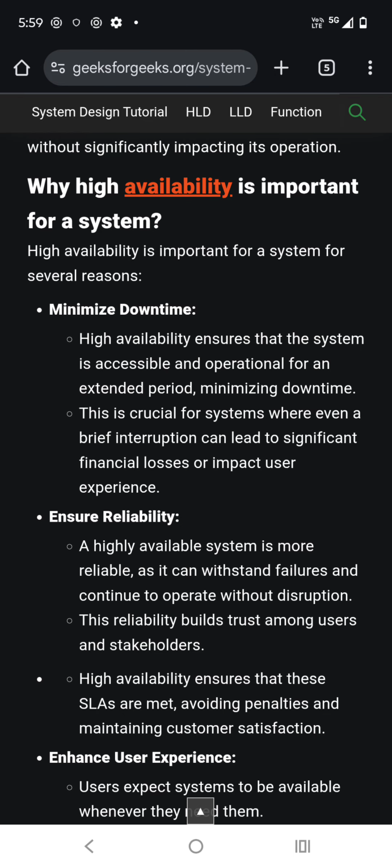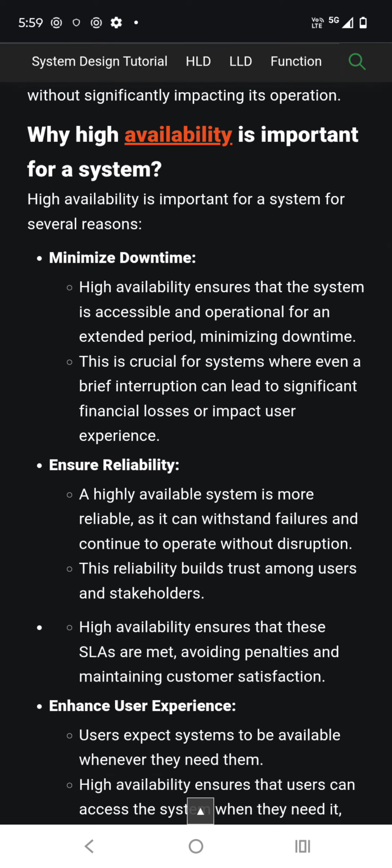Let's say your application went down. Then what is the recovery time? That is how much time you take to repair it and get the system online. Downtime is how much time the system is not working.